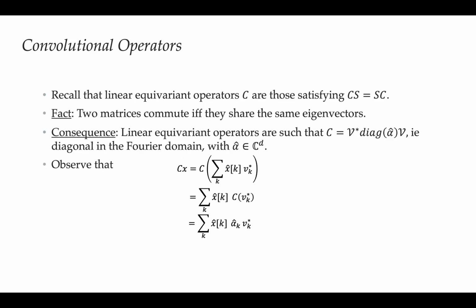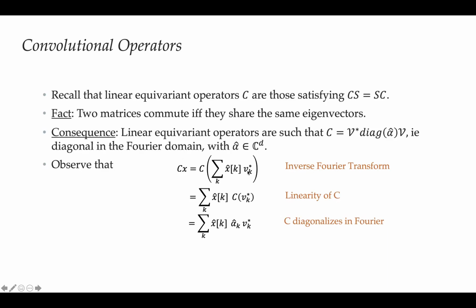Okay, so here's a simple chain of identities, right? So let's try to go through it together. We have this matrix applied to a vector x. I can, by first using the inverse Fourier transform, express x as the combination of frequencies.